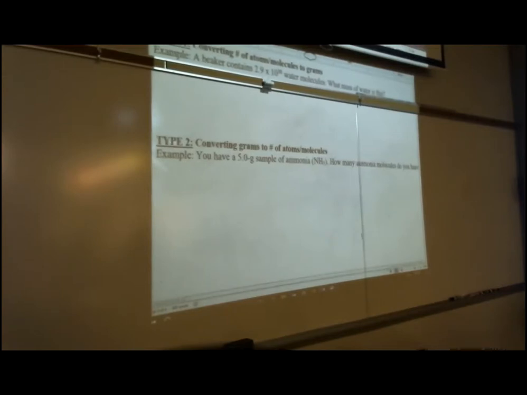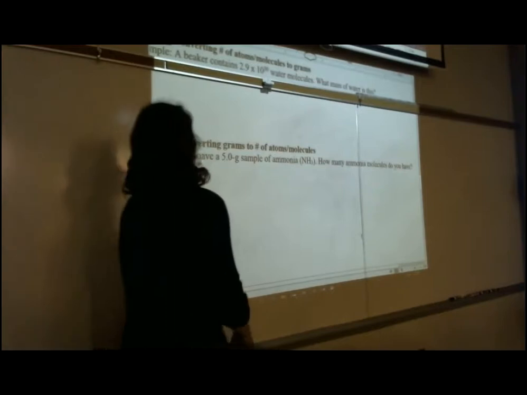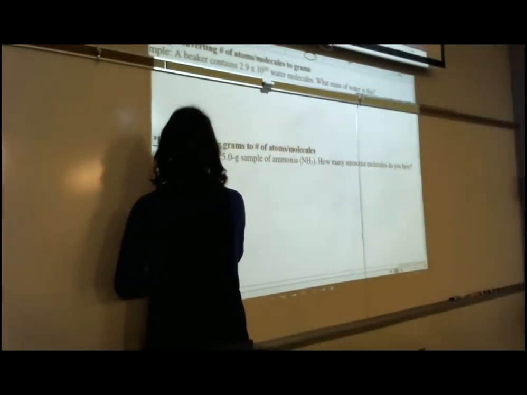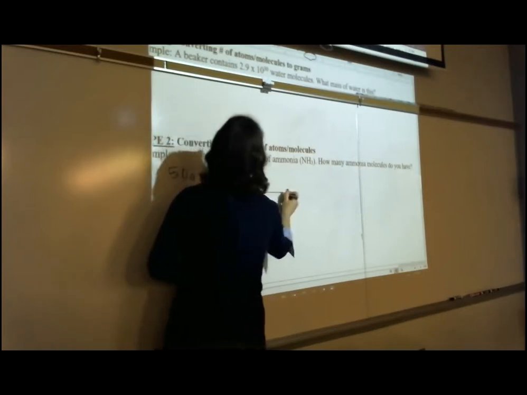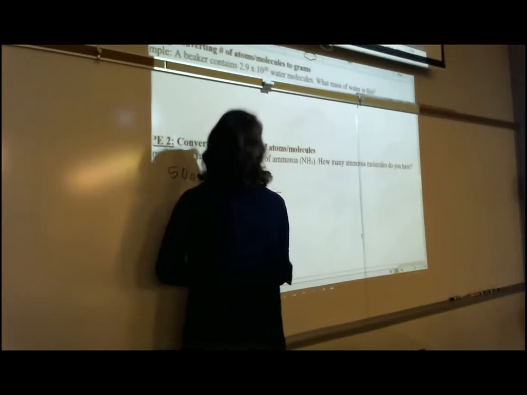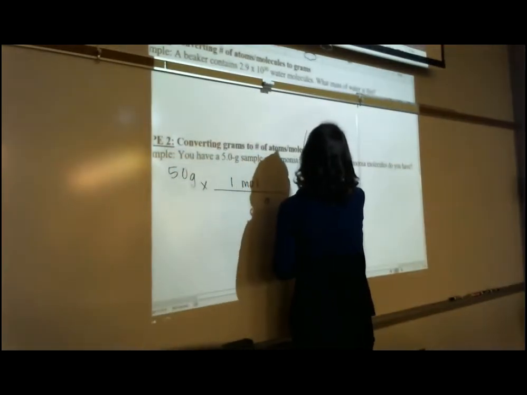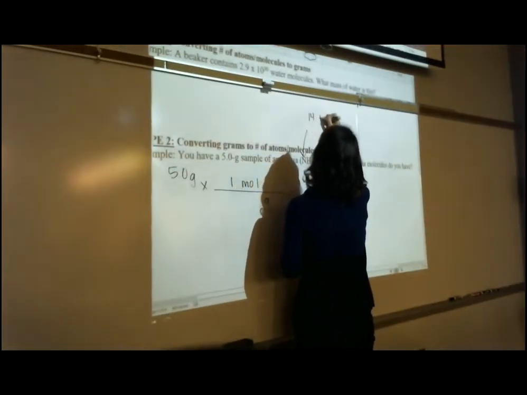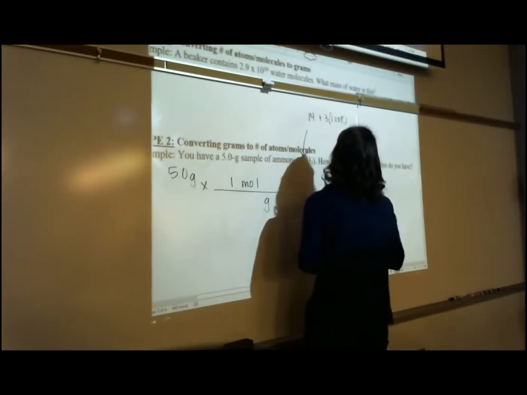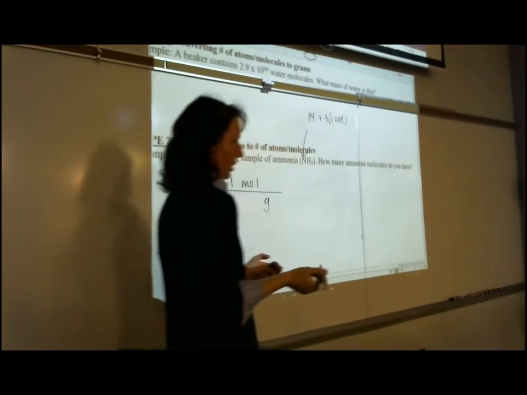Okay, you have a 5-gram sample of ammonia. How many ammonia molecules do you have? So 5.0 grams. All right, we need molar mass. Ammonia, NH3, is 14 plus 3 times 1.008, and that's, for all intents and purposes, 17.